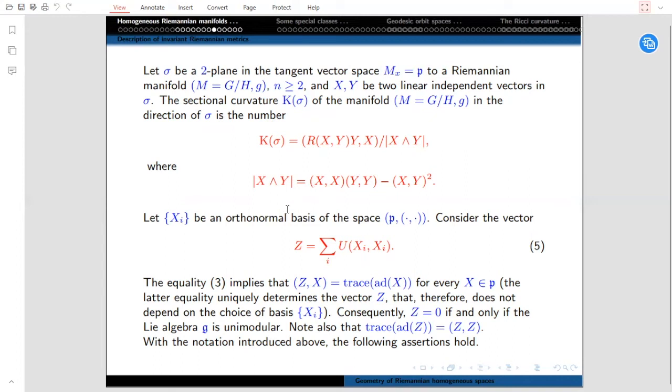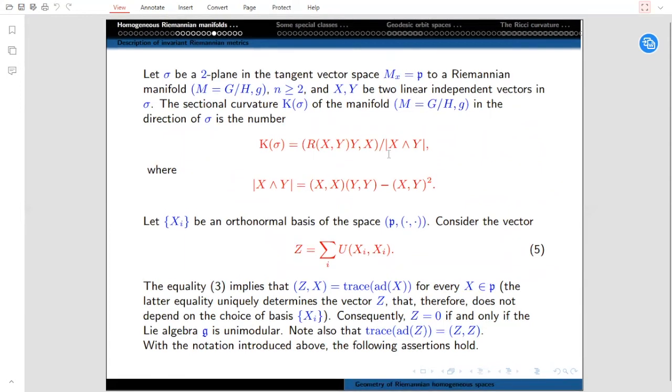Hence, we have a more or less simple formula to calculate sectional curvature. We need this one and the previous one.